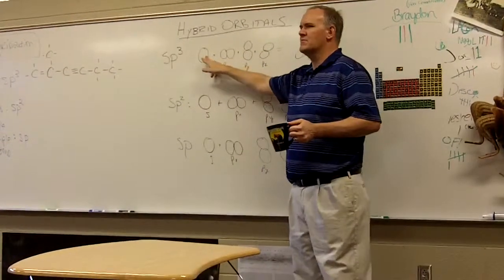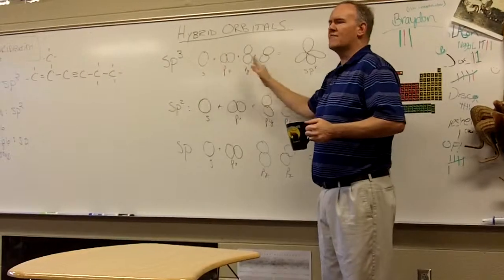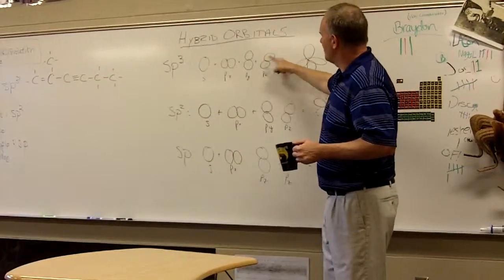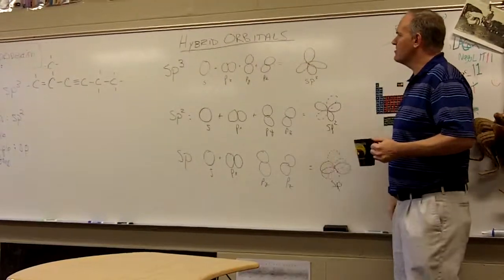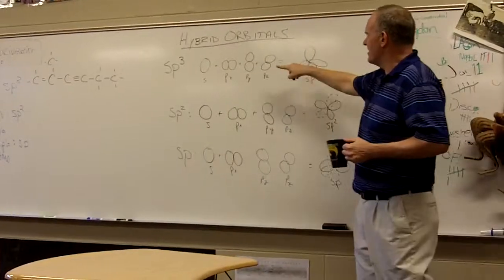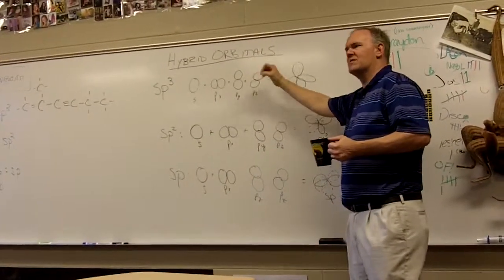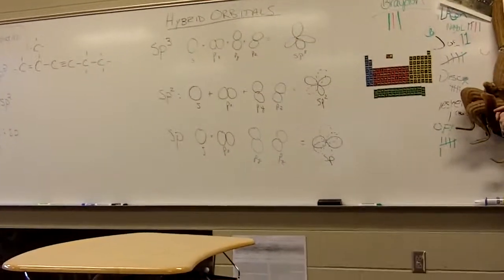The s's are spherical. The p's are dumbbell shaped and aligned along different axes, the x axis, the y axis, and the z, which is coming in and out of the board. It's kind of hard to draw. If you were to actually look at it, it would just look like a circle, because the back end would be blocked by the front end, but I drew it at an angle so you could tell that it wasn't just an s.